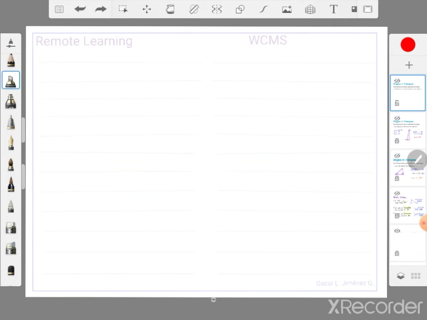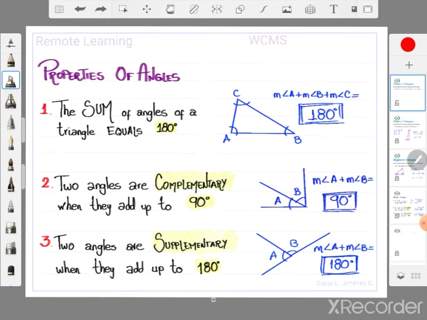The first one, remember, the sum of the three angles of a triangle is 180 degrees. Two angles are complementary when they add up to 90 degrees. Remember, complementary, 90 degrees. Two angles are supplementary when they add up to 180 degrees. Okay, so remember, complementary, 90 degrees, supplementary, 180 degrees.